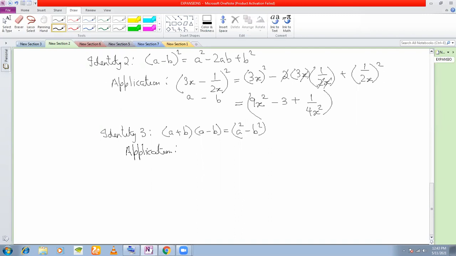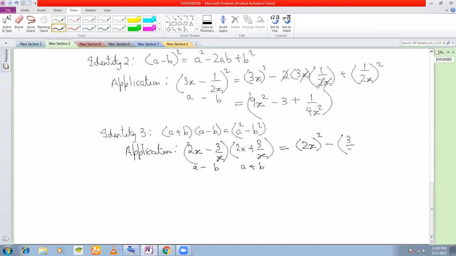So an application of this can be, say, this one, 2x minus 3 by x, 2x plus 3 by x. You want to multiply these two, you see that this is your a minus b, and this is your a plus b, where a is 2x and b is 3 by x, so which is equal to a square, 2x whole square, minus b square.